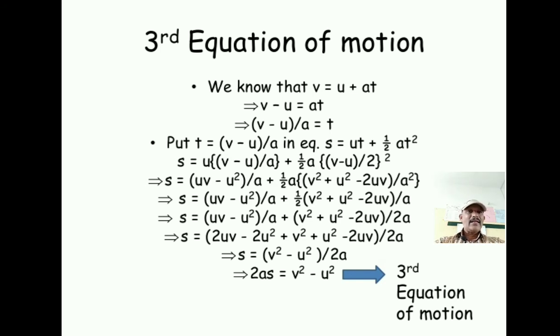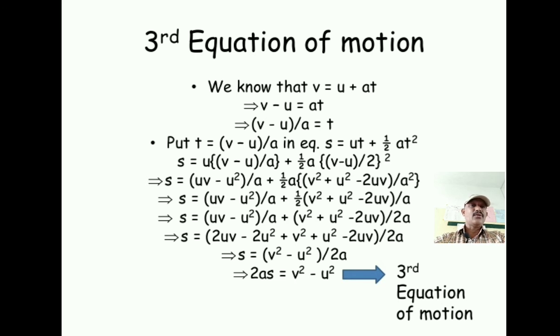Next, we write it another way: s = (uv − u²)/a + ½a × (v² + u² − 2uv)/a². Then s = (v − u)u/a + (v² + u² − 2uv)/2a. Changing the equation, s = (2uv − 2u² + v² + u² − 2uv)/2a.